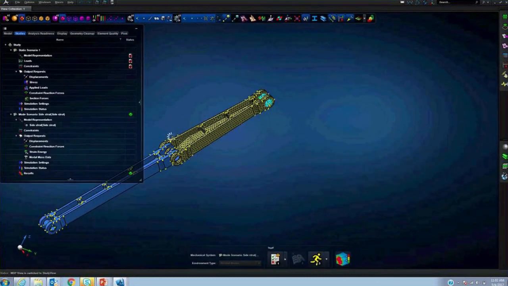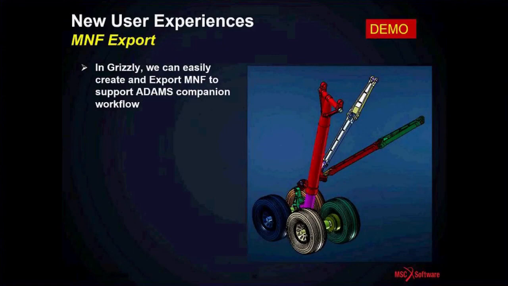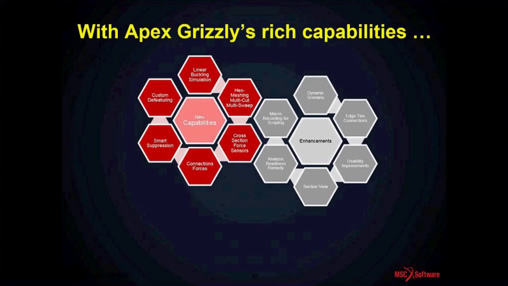Okay, what is next? So in Grizzly, you have seen quite a bit of rich capabilities: buckling simulation, hex mesh, custom defeature, results exploration with cross-section forces and connector forces, and continued enhancements on existing tools such as tie connections, macro record and replay, section view, and quite a bit of usability enhancements, for example analysis readiness and remedy.